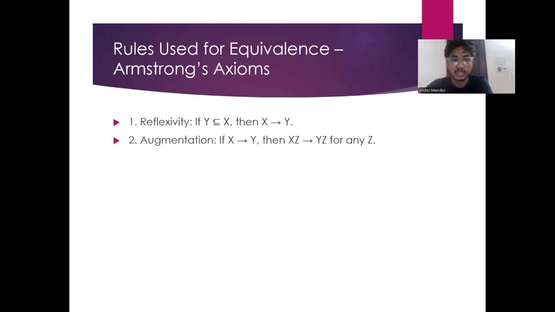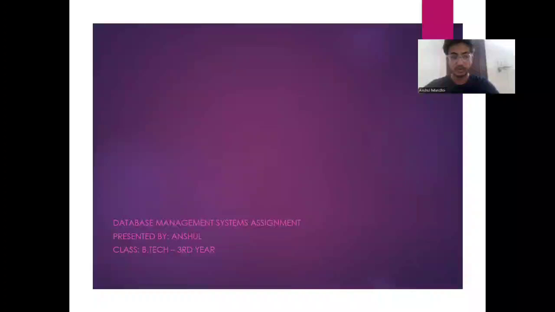Basically, it's saying that if x tends to y, we must agree on a third attribute, z, for x and y both. Third is transitivity. In this, if x tends to y and y tends to z, then x tends to z.